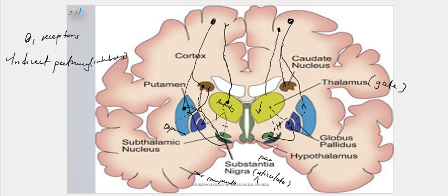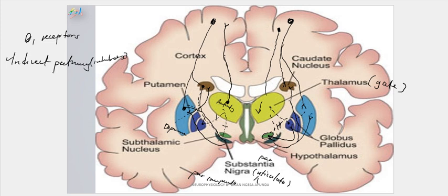So let's assume this is the substantia nigra compacta, giving the dopaminergic neurons to the putamen and caudate. Of course, this now represents the striatum, as we've agreed. So this normally releases dopamine in the striatum, inhibiting the indirect pathway.